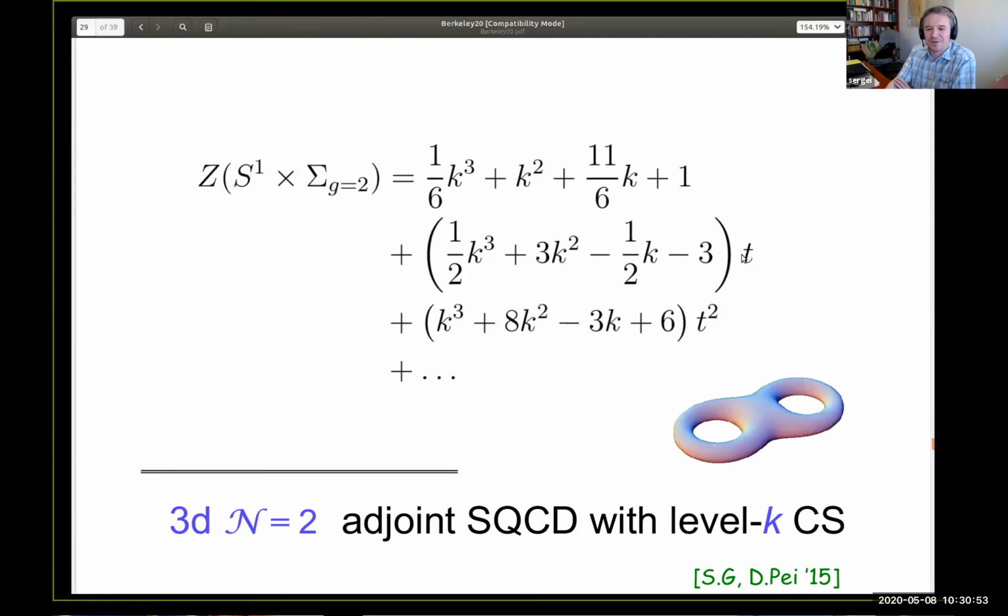So when t goes to 0, you only have this first line in the expression, and that's in fact the usual Verlinde formula in this case for SL2 at level k. So that's indeed what we should expect from the relation to the Grassmannian. But turning on this equivariant parameter t gives you an infinite series which continues further and further down the road.